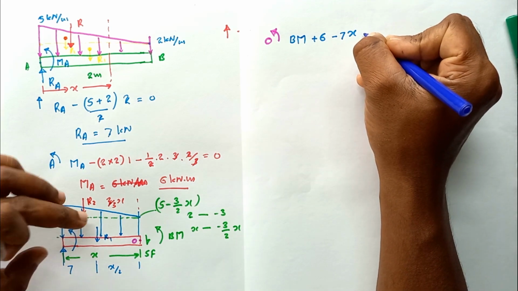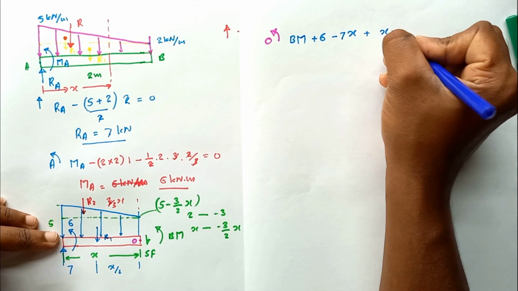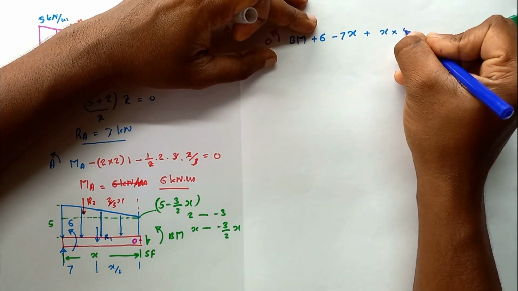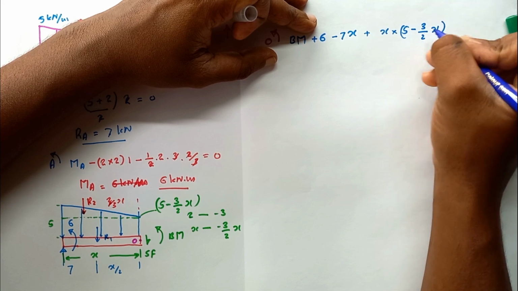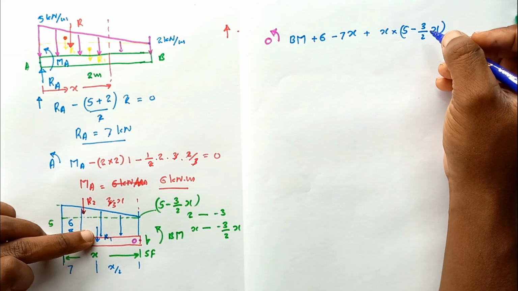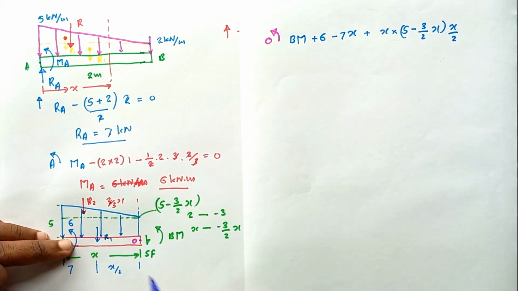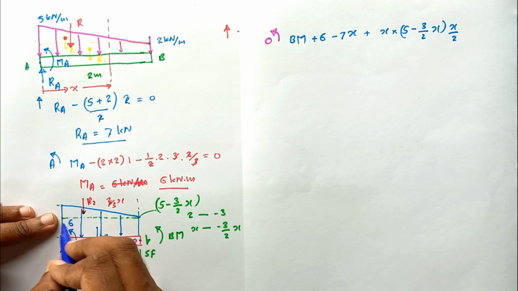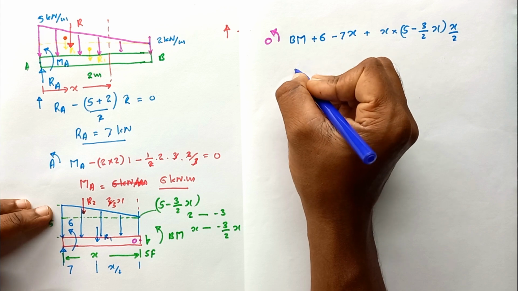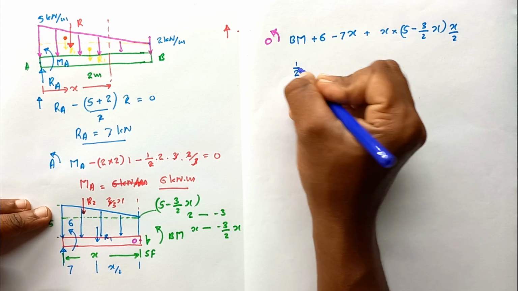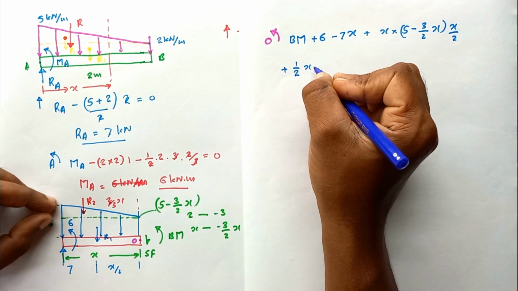Okay. Then first of all, let's find the moment produced by this rectangular section. The area is x into this height, 5 minus 3 divided by 2 into x, into distance x divided by 2. Then the moment produced by the force due to the triangular section: the triangular section area is half, that is also positive, half into x into this height.